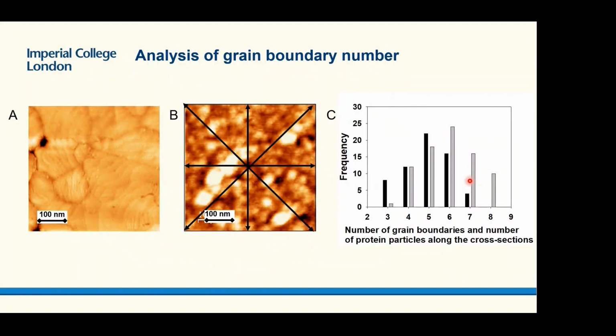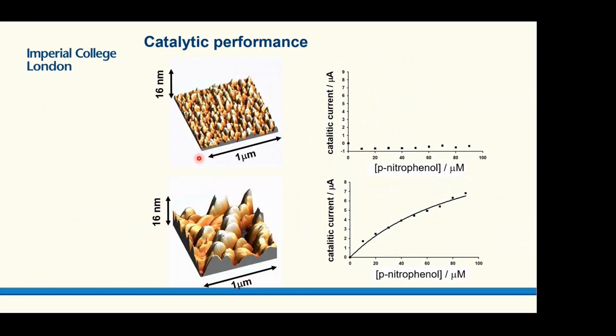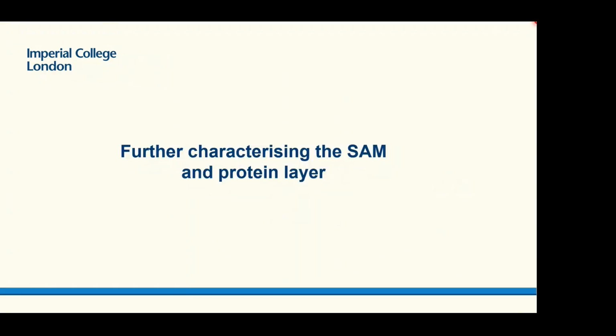So the protein initially binds at the grain boundaries, and these also become sites of aggregation. So if you have a lot of grain boundaries, you're going to have a lot of aggregation points, and then the resulting layer of protein is not going to perform well. And that's why the one with a high number of grain boundaries didn't perform well at all. The one with a low number of grain boundaries instead performed well. So there is this kind of correlation.